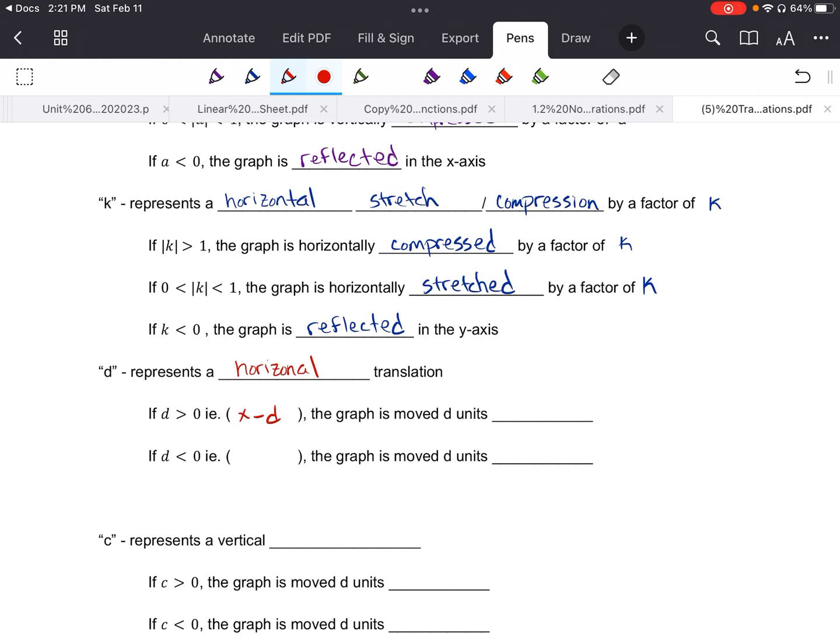So if it said negative 4, you move to the right 4. If it said positive 7, you move to the left 7. So if it looks like x minus your d value, you're going to move that many to the right. And if it says x plus d, you're going to move to the left.